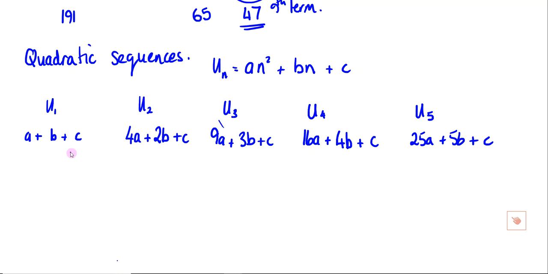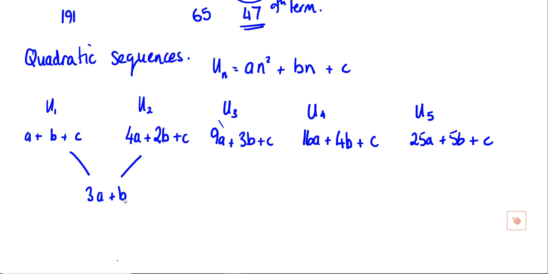So let's find the first line of difference. How do you find a difference between two terms? You subtract them. So what is 4a plus 2b plus c subtract a plus b plus c? 3a plus b.